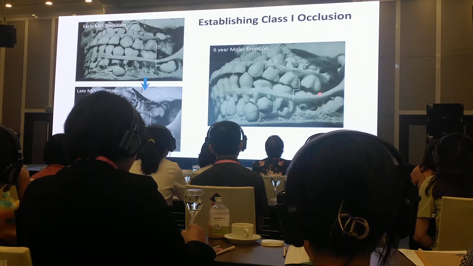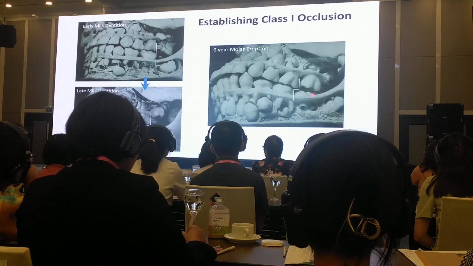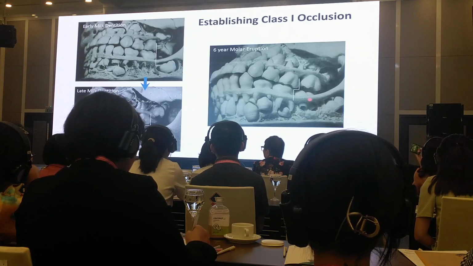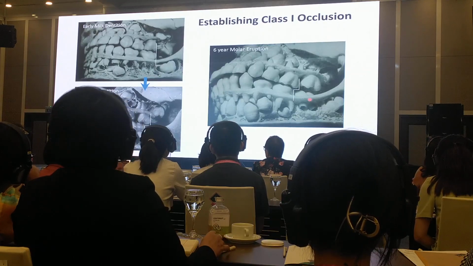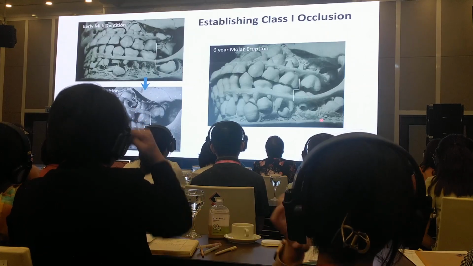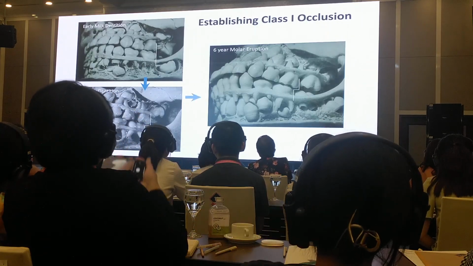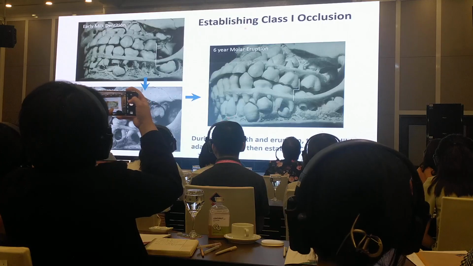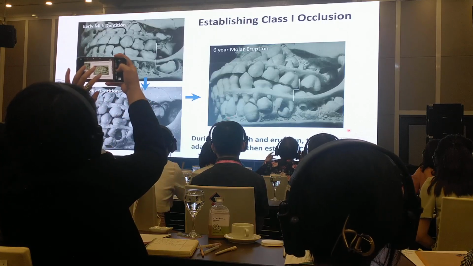The mesial surface of the transversal ridge and the lower cusp contact. Then the mandible adapts forward. This is a very, very important stage for the class 1 establishment.